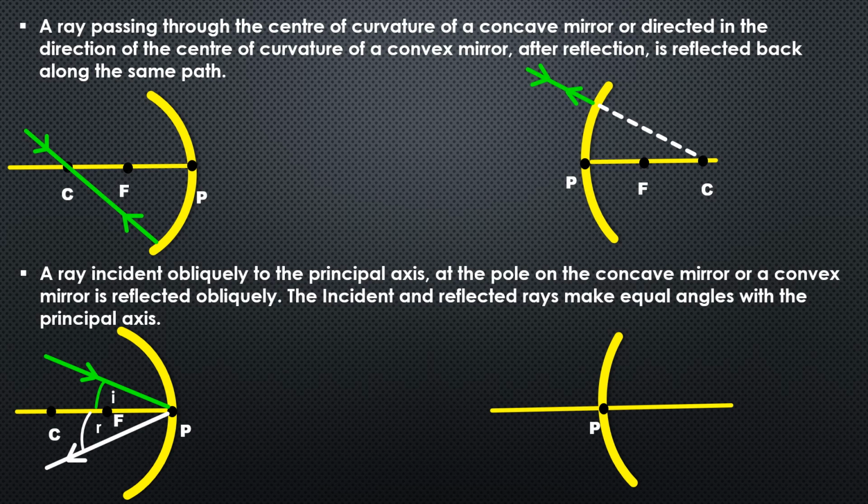Similarly, for a convex mirror also, again we mark the pole, it is necessary, and arrows are also necessary. So a light ray incident making an angle i with the principal axis at the pole will get reflected by angle r with the principal axis, and angle i is equal to angle r. So these angles i and r are equal in case of a concave mirror as well as a convex mirror.